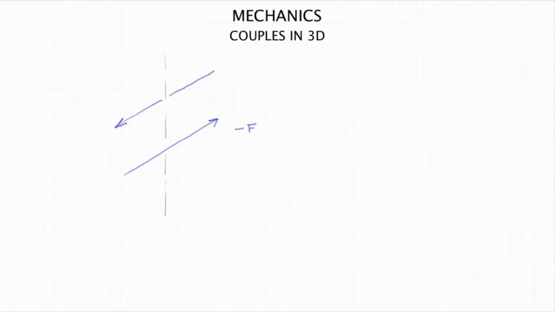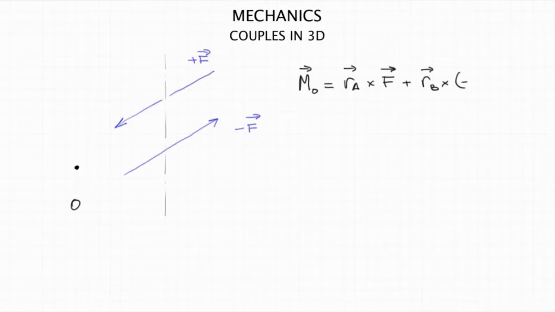One force is negative F and the other force is plus F, and in order to determine the moment produced by this couple of forces about an arbitrary point, say point O, all we have to do is sum the moments produced by each force.